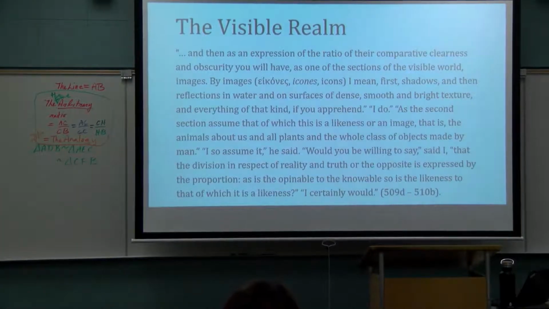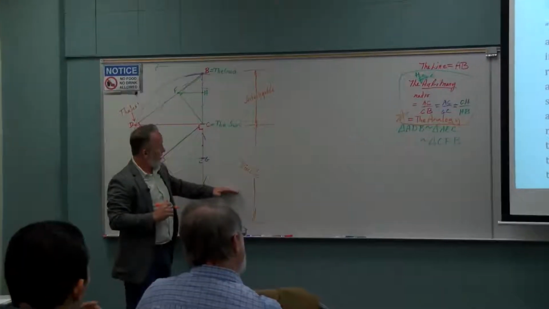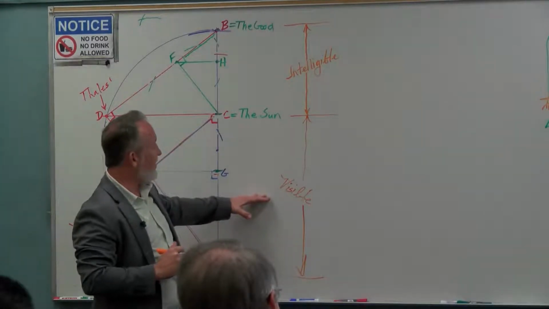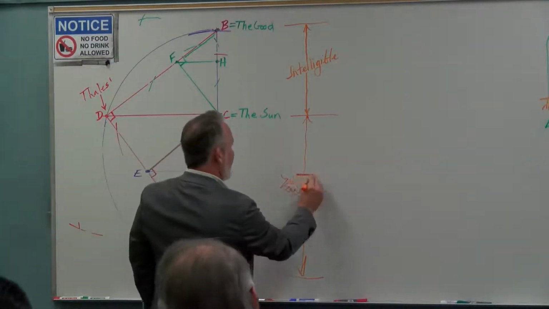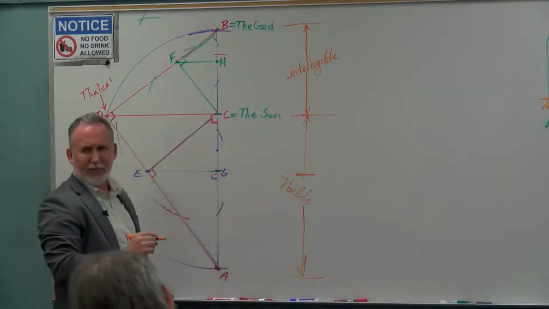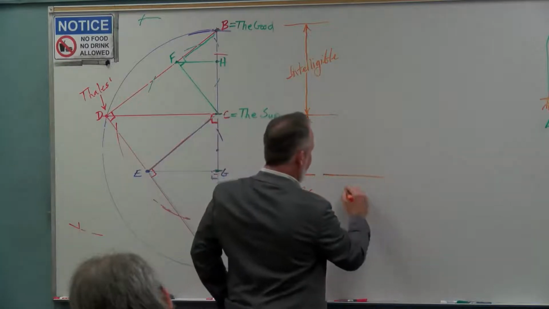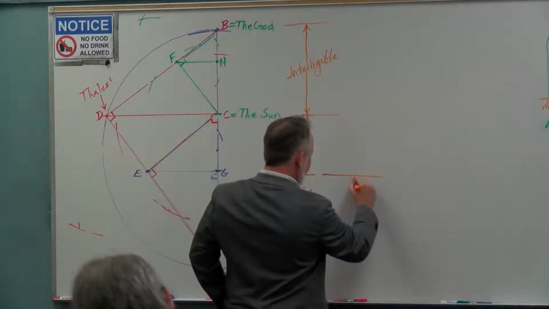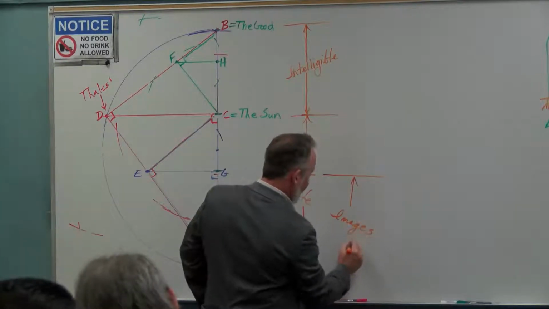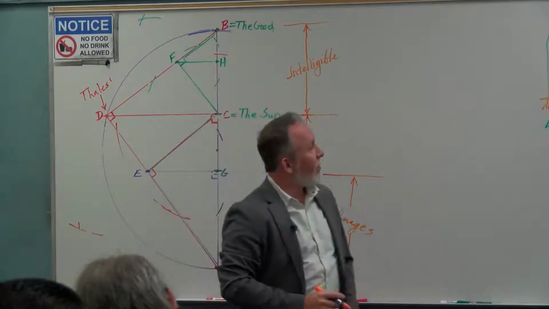All right, so we're going to take this area, this region, and we're going to split it, of course, on the ratio of the divided line. And one of these sections is going to be images. And it's going to be that lower section there.